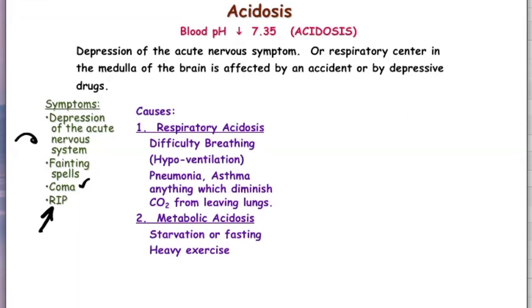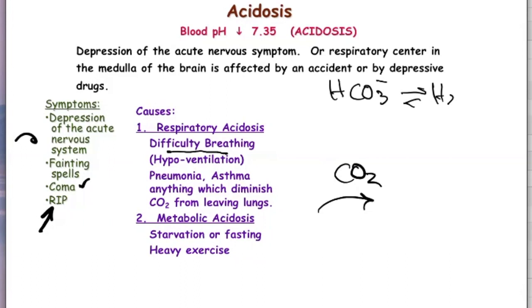That's because you have difficulty breathing, and if you have difficulty breathing, you don't expel the carbon dioxide out of your body. If you don't expel the carbon dioxide from your body, then this is the reaction that we have again: HCO3 minus goes to H2CO3, bicarbonate to carbonic acid.